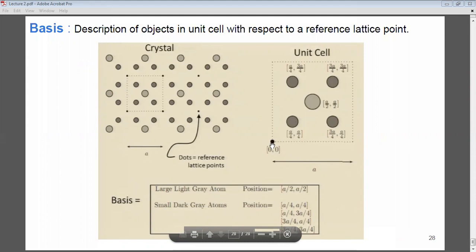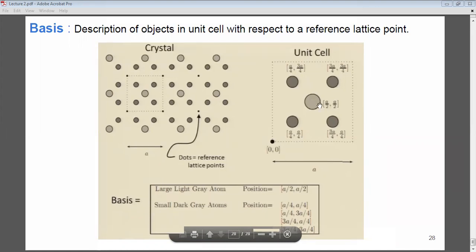So we will say, for example, for the basis, we have a large light gray atom at position, what? At position a, which is from here to here. So this is at position (a/2, a/2), okay? And we have small dark gray atoms at positions (a/4, a/4), (3a/4, a/4), (3a/4, 3a/4), and (a/4, 3a/4).